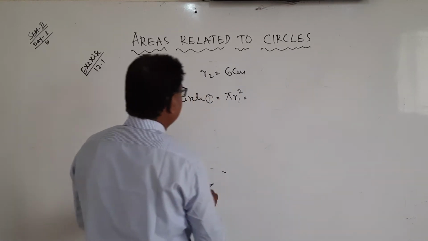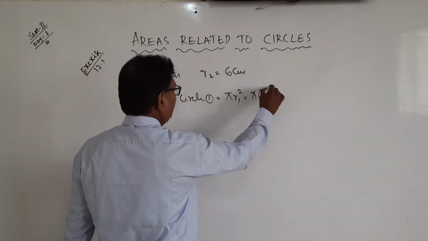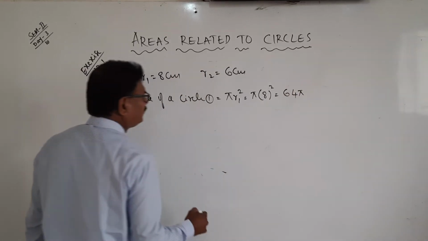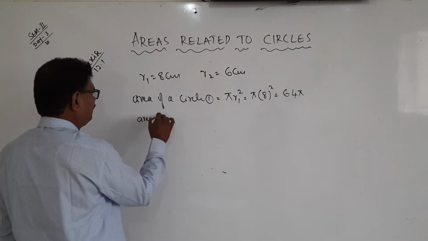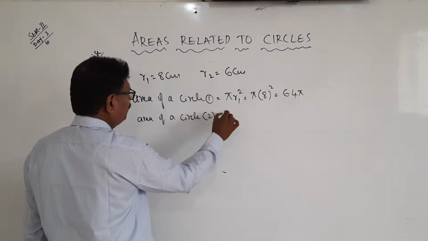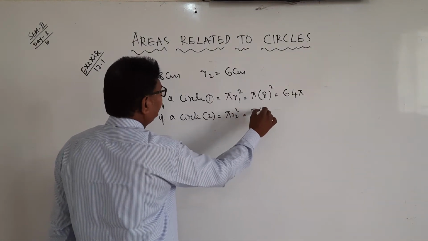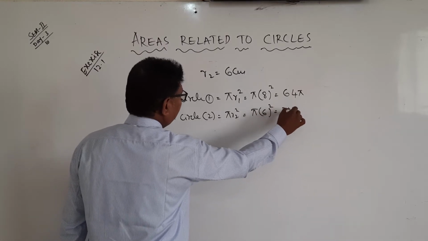Now pi r1 square, that is pi 8 square, which is nothing but 64 pi. Next, area of the second circle, pi r2 square, is pi into 6 square, so 36 pi.